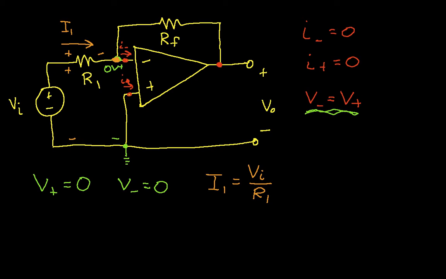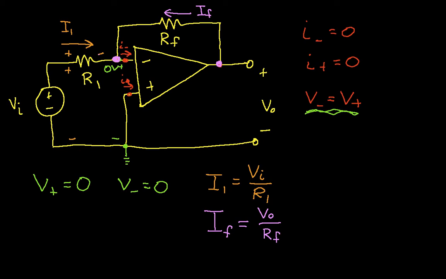Let's see if we can figure out IF, the current through RF. The voltage at this point is 0, because V minus is equal to V plus, which is 0. The voltage at this point is V out. So IF is equal to V out over RF.